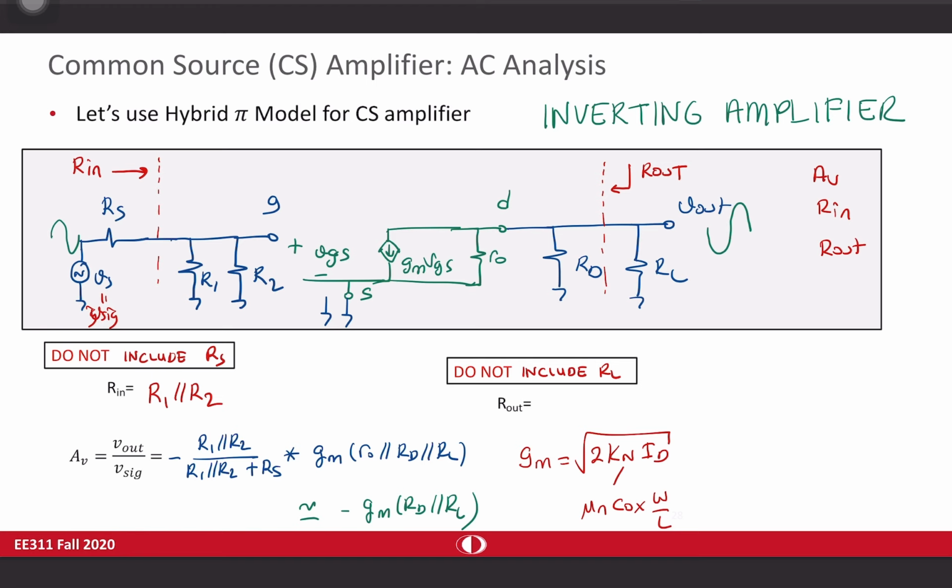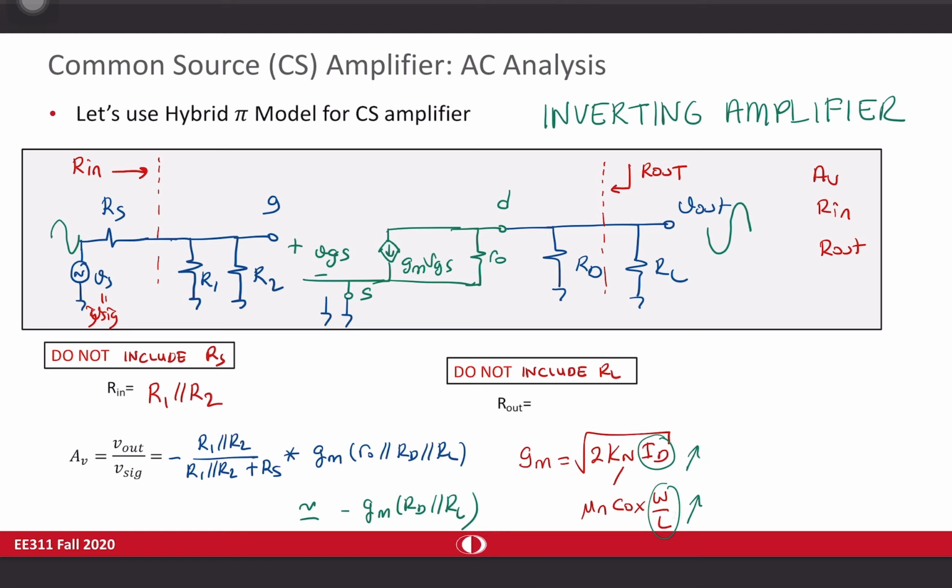You cannot play with it. All you can do as a designer is playing with the W over L ratio of the transistor. You can use larger width transistors to have more Gm. That's one option. So one option is using a large W over L ratio. The other option is you can play with ID.